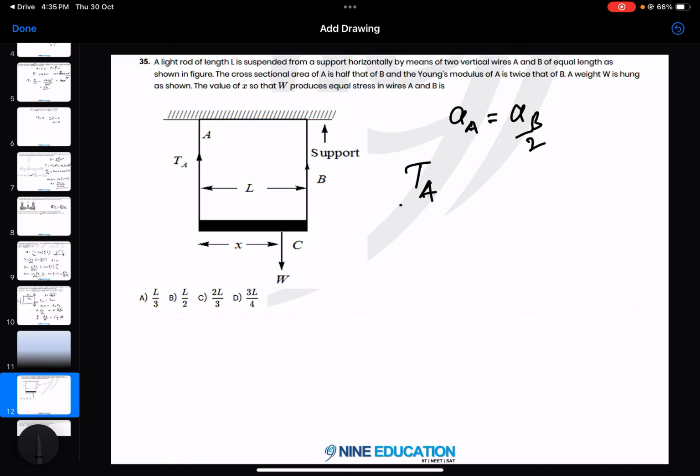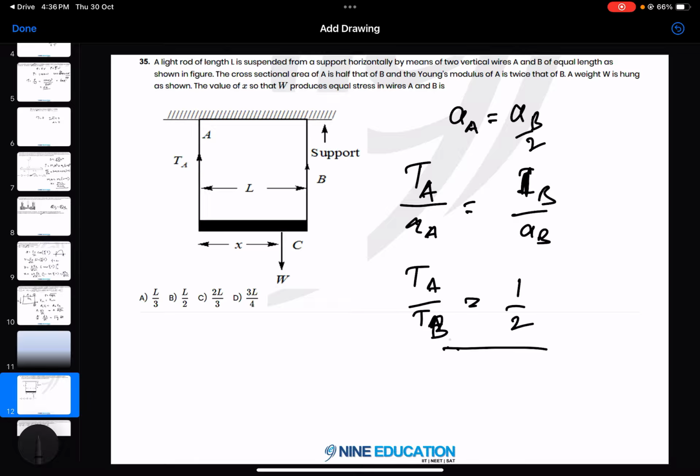So stress is TA by AA equals TB by AB, which gives us TA by TB is AA by AB, which is simply 1 by 2. For them to produce equal stress, this is the condition, TA by TB equal to 1 by 2.